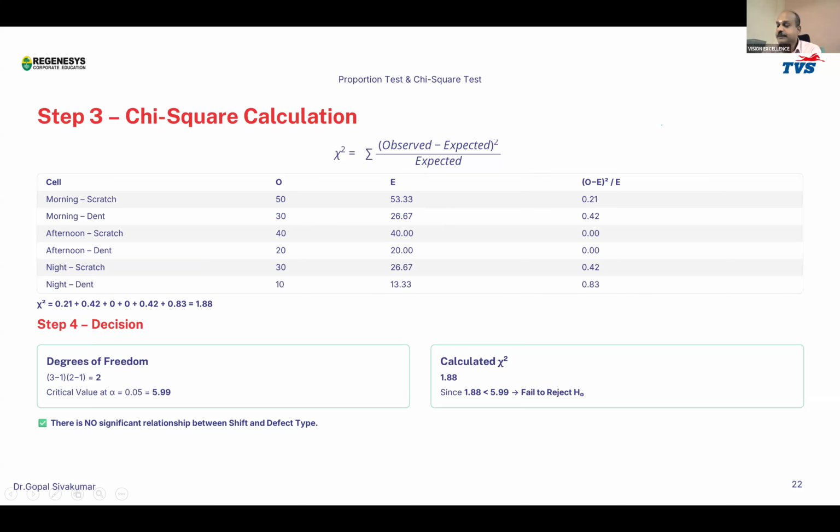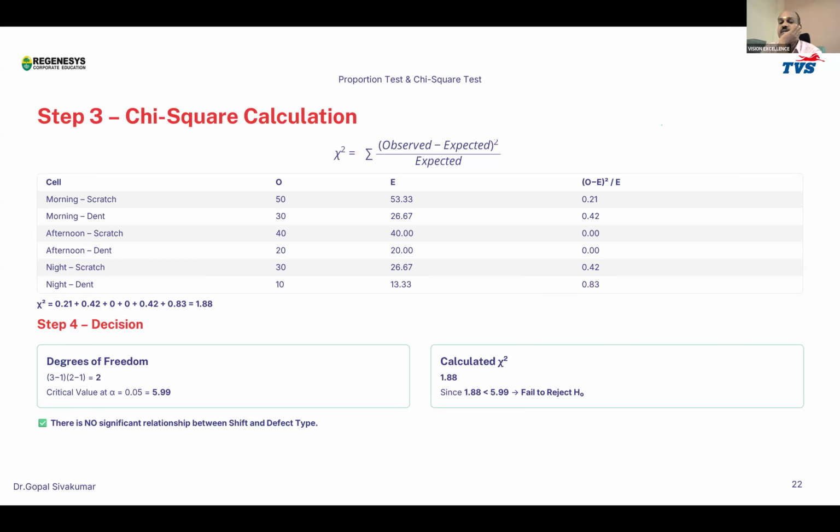Can you do this parallelly? Minus 3.33 must be squared, right? And afterwards, we have to divide this by 53.33. So what is the value we are getting? 0.2079.